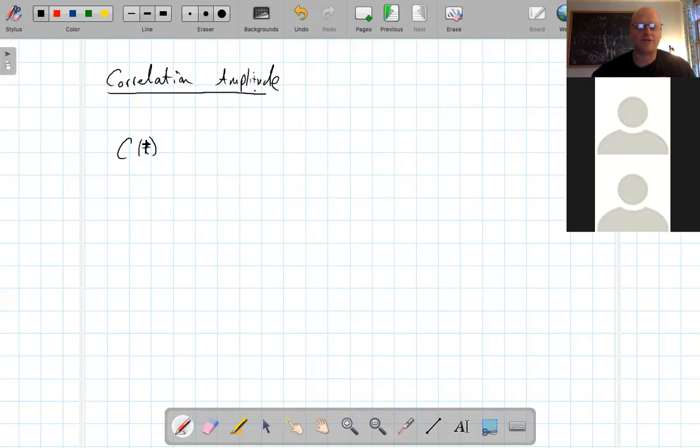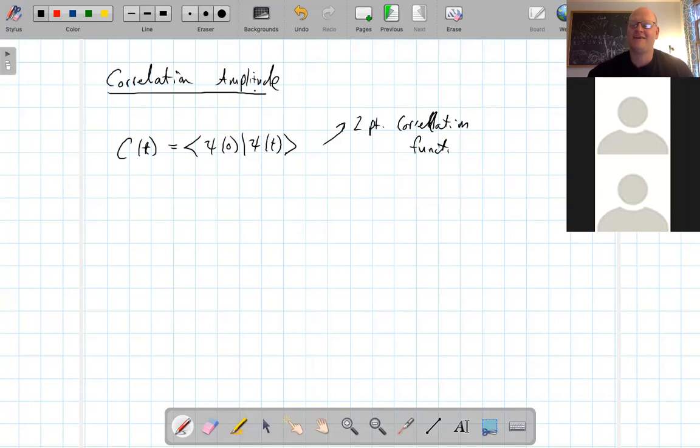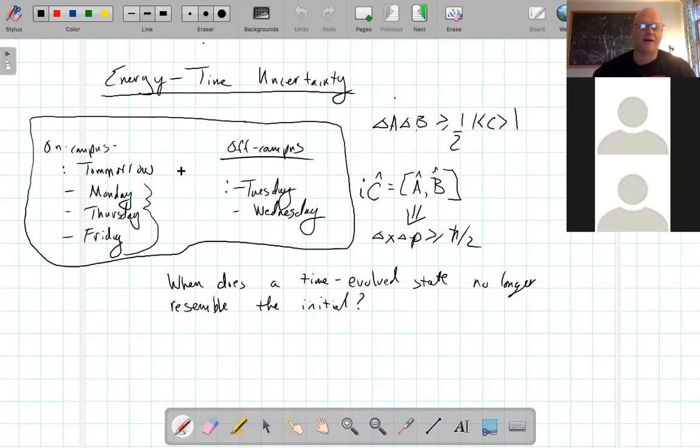It is time dependent, and is equal to the inner product between the state at its initial time and the time evolved state. This thing in other contexts is also known as the two-point correlation function, and I'll describe that for other things as well.